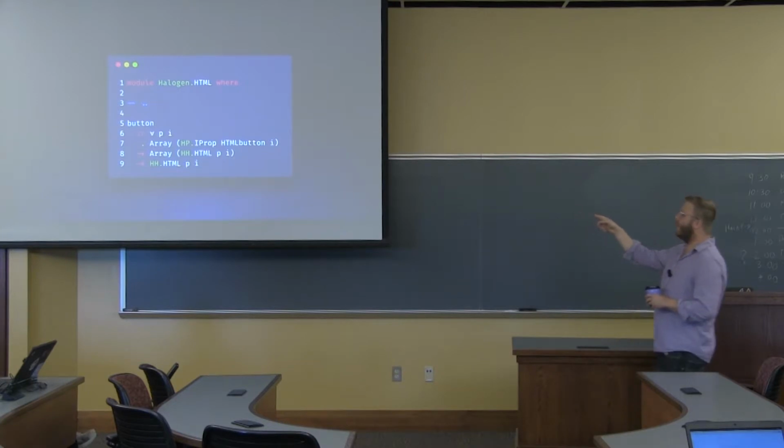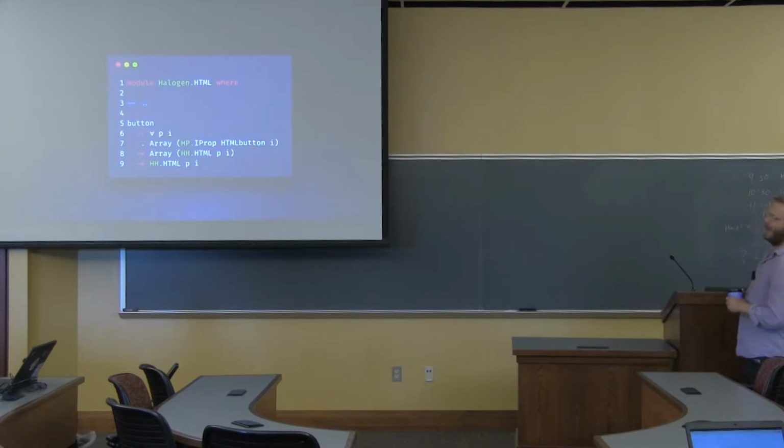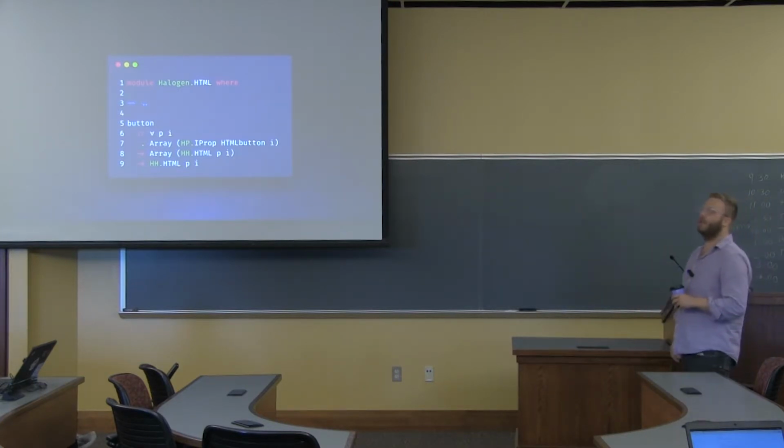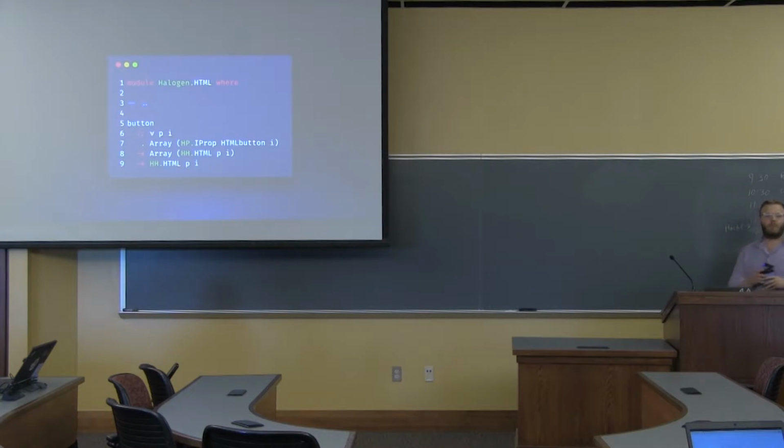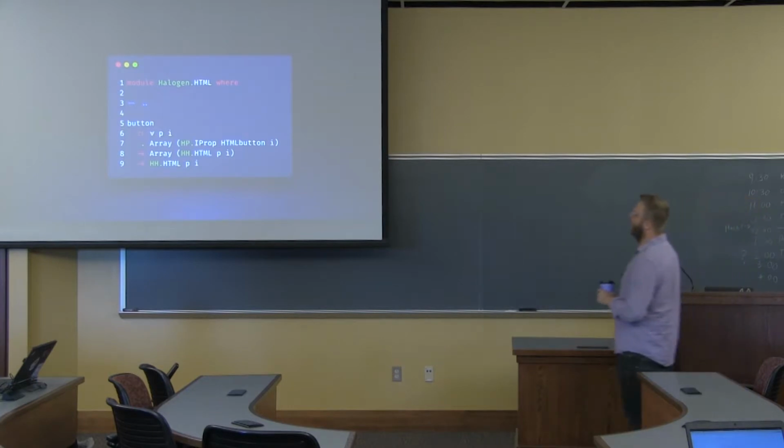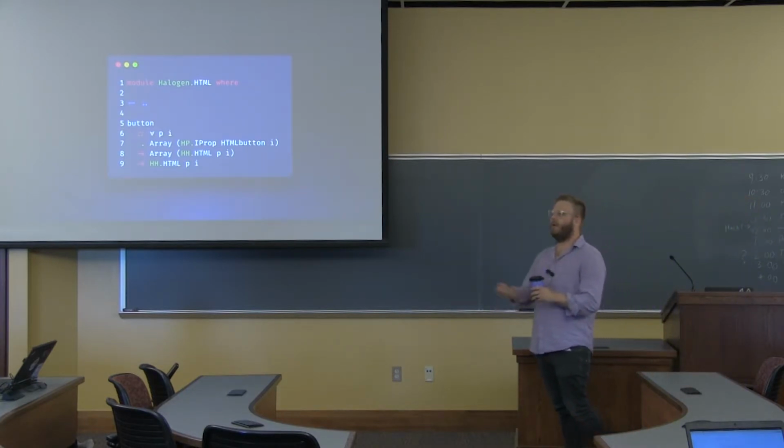Some array of HTML, and it's going to give you back an HTML element, right? You got a question? You said the HTML button is a row. A row of, yeah, so what would be in it? This button defines all of, Halogen defines a bunch of behaviors for you, right?